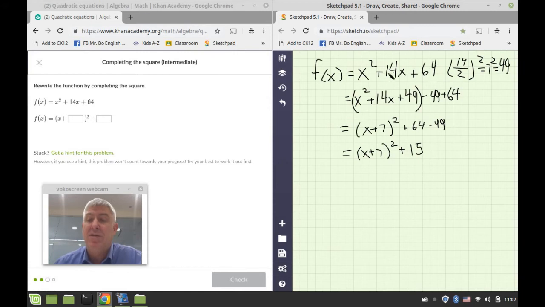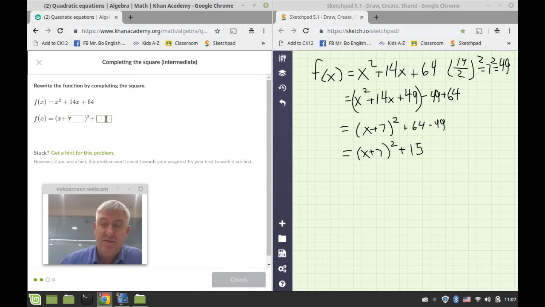If you can't do it, add the constant that you need and subtract the constant that you need, and then once this is left outside, we won't have any issues. Everything will just work out the way it's supposed to be. So this is x plus 7 squared, and plus, what did we say, 15? Okay.